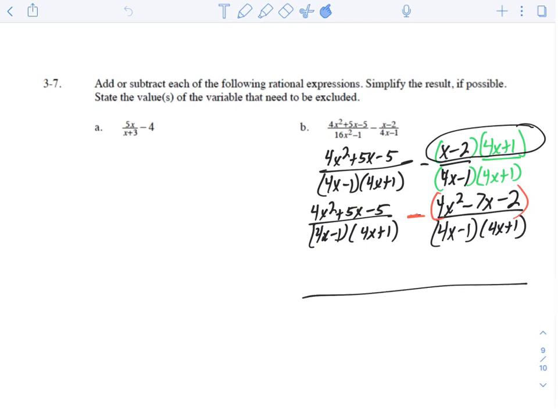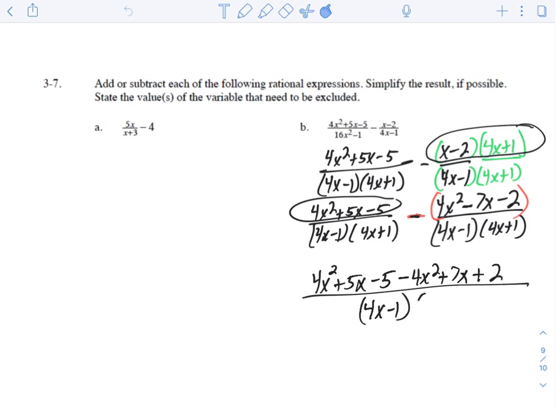So my overall numerator now has, I'm going to write all of this down, 4x squared plus 5x minus 5 minus a 4x squared. And then that's minus a minus, so that's going to be plus 7x. And then minus a minus, that is going to be plus 2, all over 4x minus 1 times 4x plus 1.